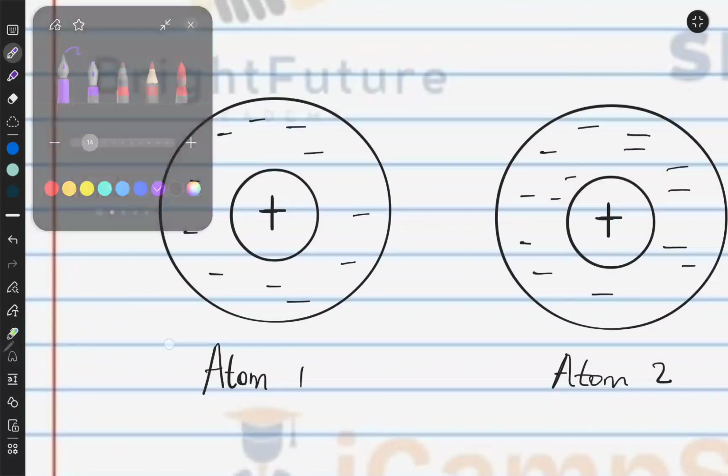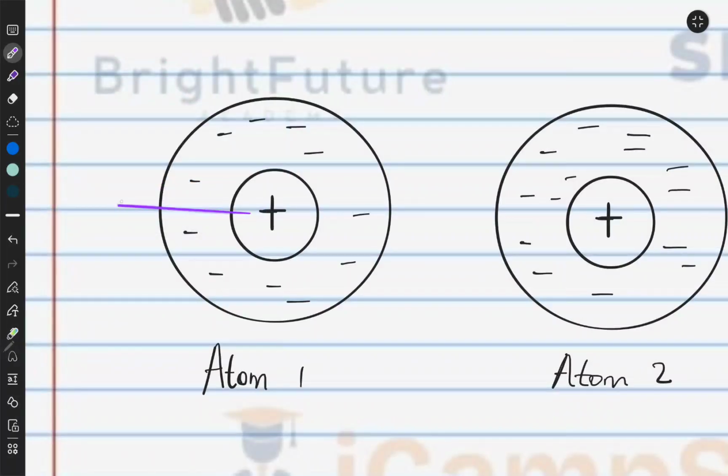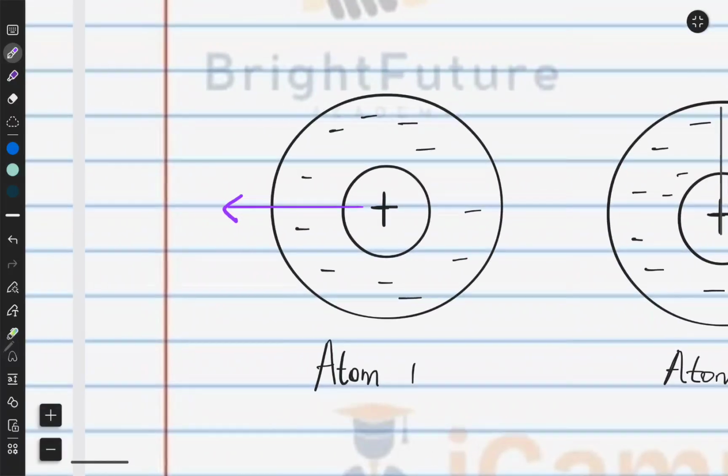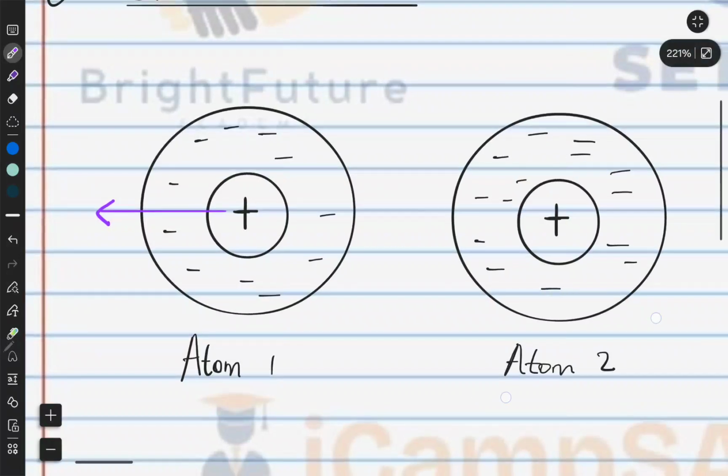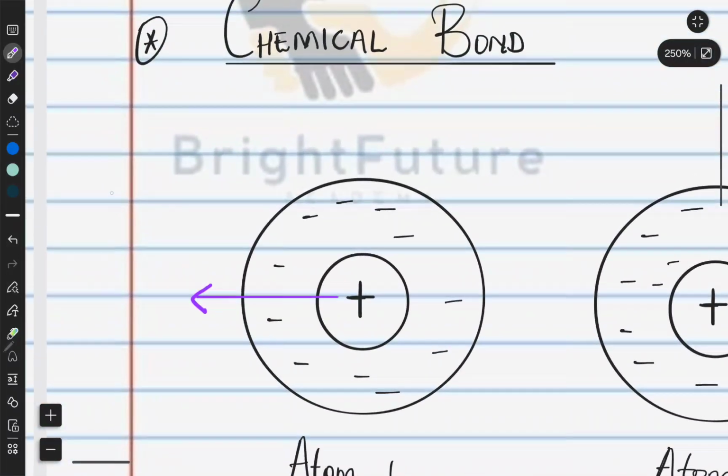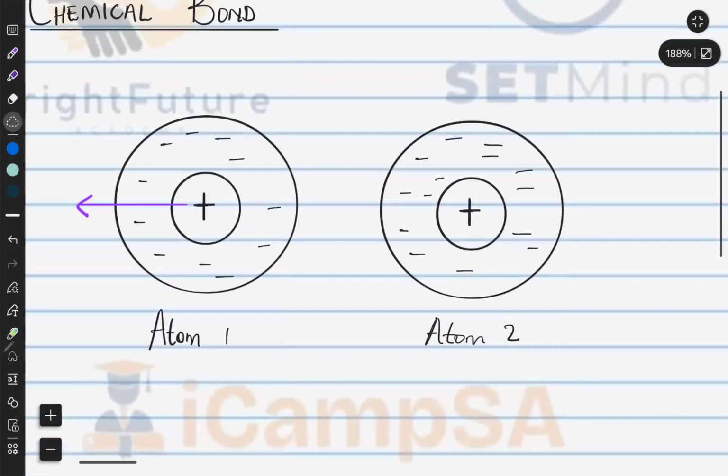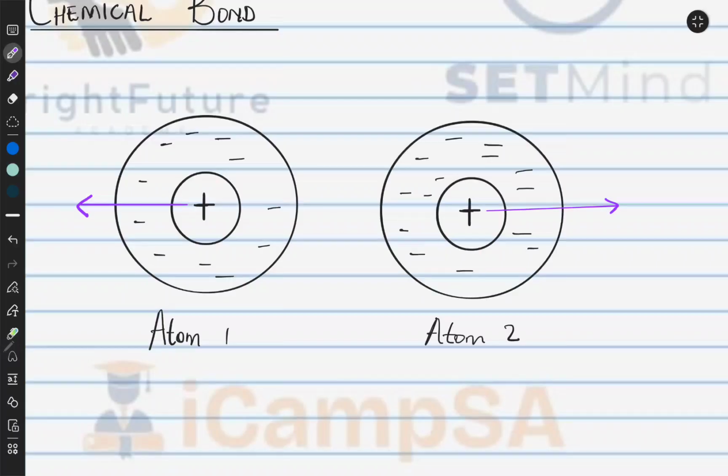Let's draw that force of repulsion vector like that. This is the force of repulsion on the nucleus of atom 1 due to the nucleus of atom 2. But they are both exerting this force of repulsion on one another, so the nucleus of atom 2 will also feel a force of repulsion due to the nucleus of atom 1.